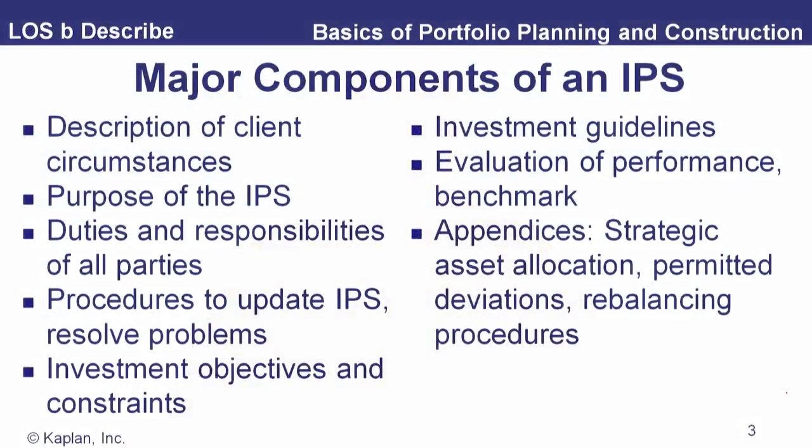It should outline the investment objectives and constraints, and we'll spend a bit of time on that here, the investment guidelines, the evaluation of performance, along with what benchmark is going to be used, and then one or more appendices talking about the strategic asset allocation, permitted deviations, rebalancing procedures.